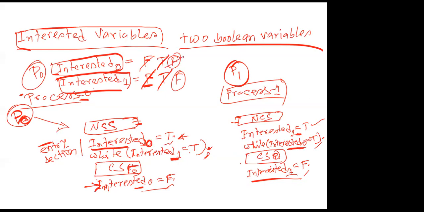It means I am interested in entering the critical section, and then it will check the while loop: whether another process is interested in entering the critical section or not. Here interested[1] is currently false, so it will skip this while loop and process P0 enters the critical section. It is currently executing the critical section.